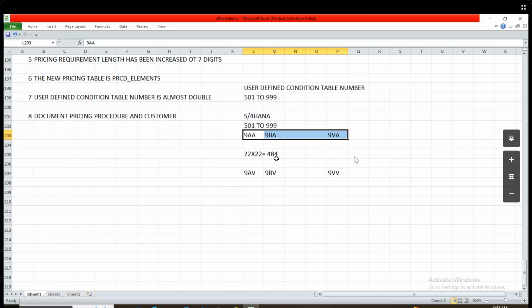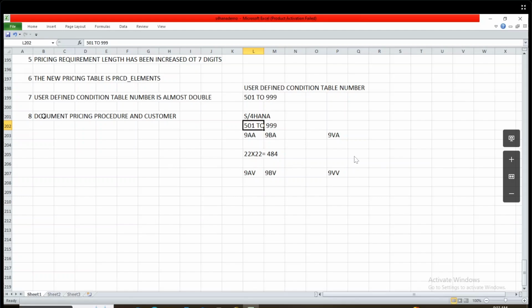Earlier we had only 501 to 999, and sometimes some clients faced the problem that tables were over. Now you have an extra 484.